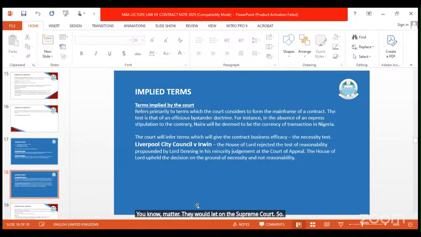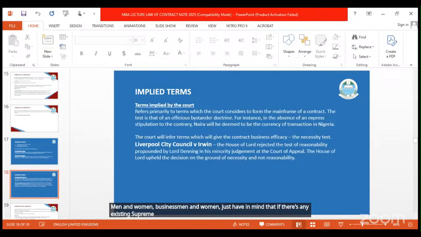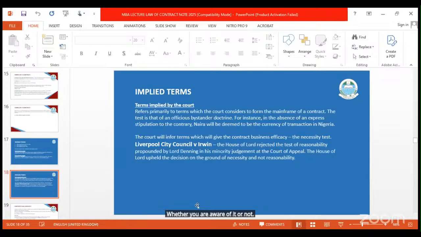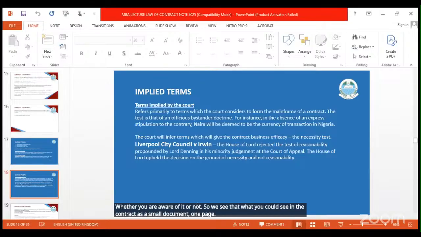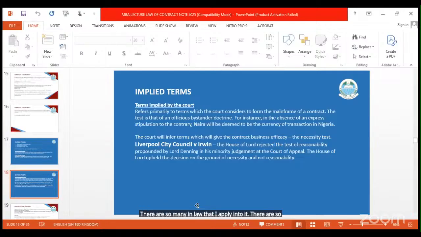At the same time, if we're going into a contract today, as businessmen and women, just have in mind that if there's any existing Supreme Court judgment on the area that you're going into, it is binding on you, whether you are aware of it or not. So what you could see in the contract as a small document, one page, there are so many laws that are implied into it. There are so many case laws implied into it. There are so many statutes already implied into it. Custom applies to it.